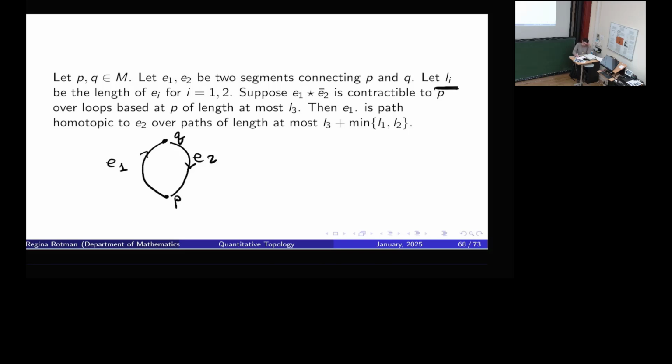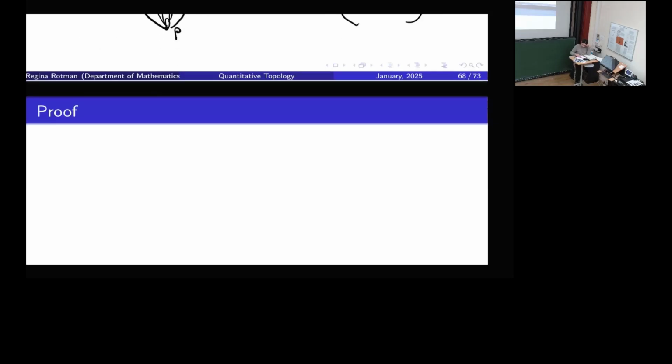Yes. And suppose I contract it as a loop and it contracts to a point. I'm not necessarily using a length shortening, but let's say this loop contracts over curves of length L3. Then I can construct a short path homotopy between E1 and E2. And this path homotopy is very easy to see.